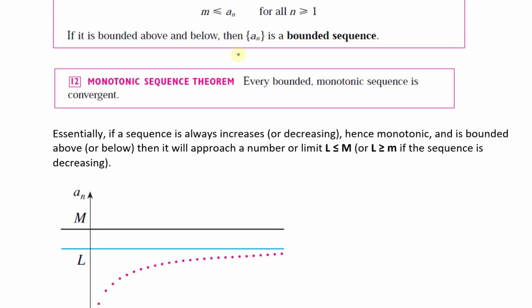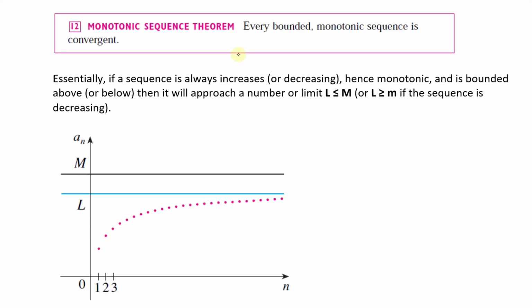So the monotonic sequence theorem: every bounded monotonic sequence is convergent. Essentially, if a sequence is always increasing or decreasing, hence monotonic, and it is bounded above or below, then it will approach a limit L, which is less than or equal to M, in our case t, or L is greater than or equal to lowercase m if the sequence is decreasing.